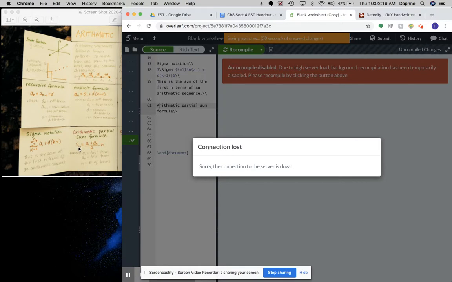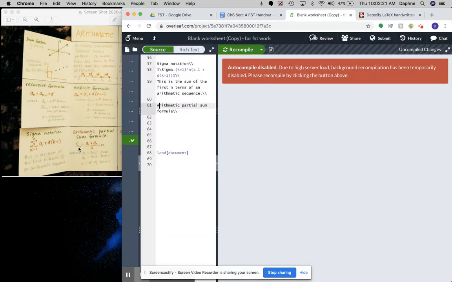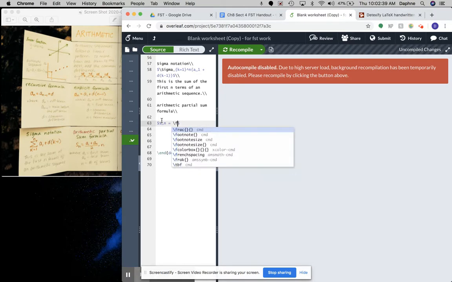So S sub n, your series of some n number of terms, is equal to the first term plus the last term divided by 2 times the number of terms. So I can write this down. Capital S sub n is going to equal a fraction.